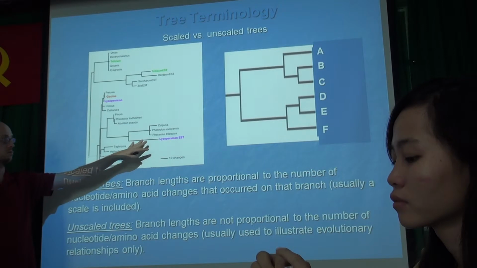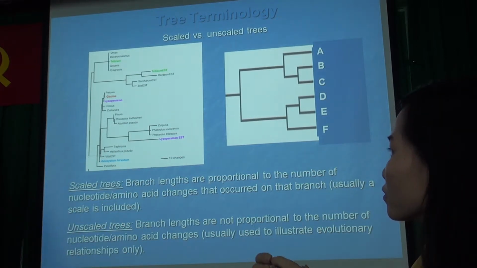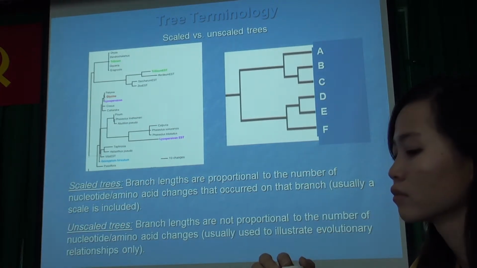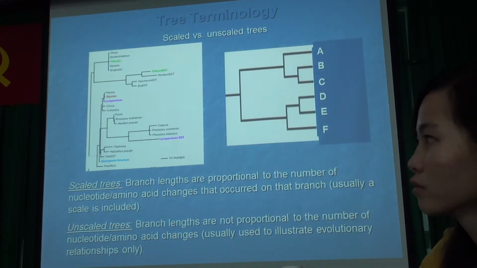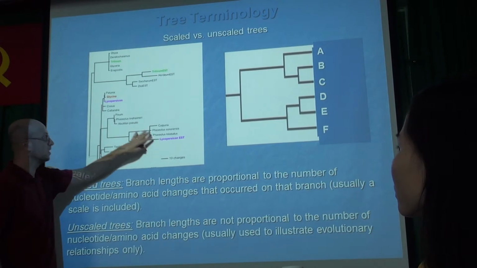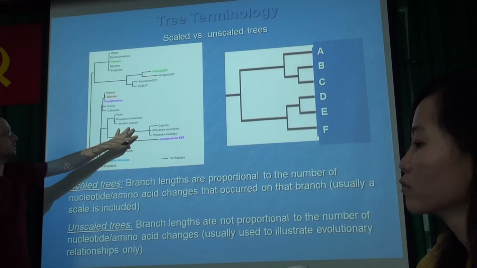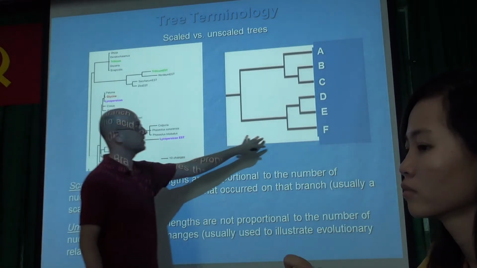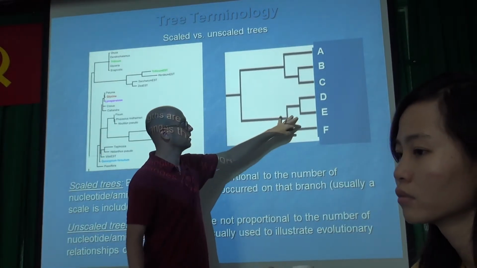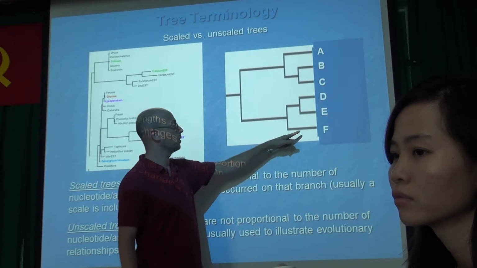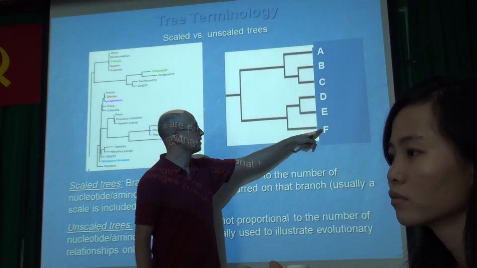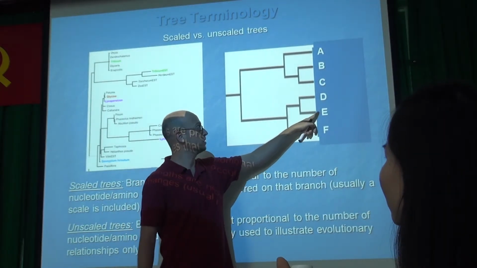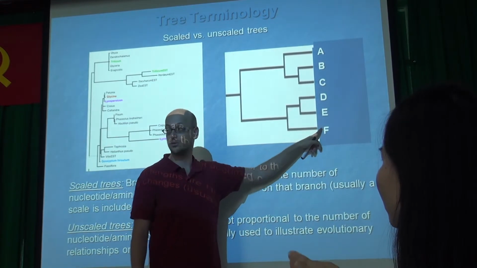If it's important for you to know the exact similarity or difference between each taxa, then you would use the scale tree. But if you just want to see the topology, if you just want to know, is E more similar to D or more similar to F?